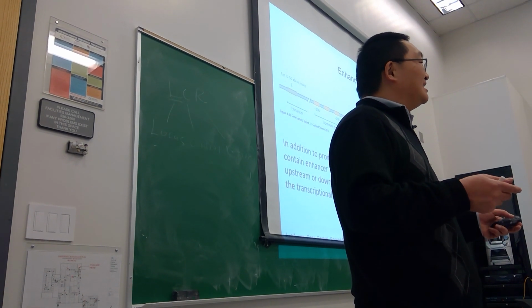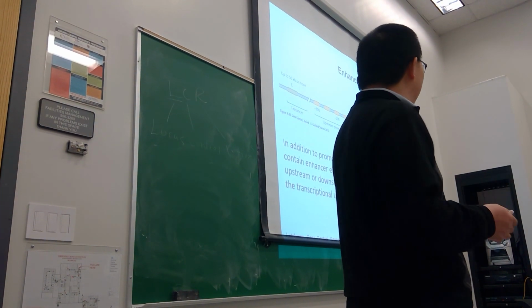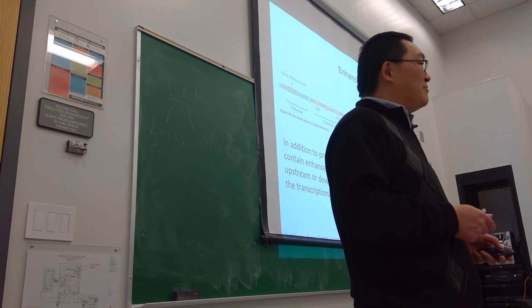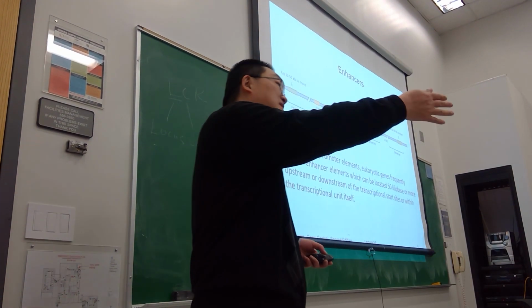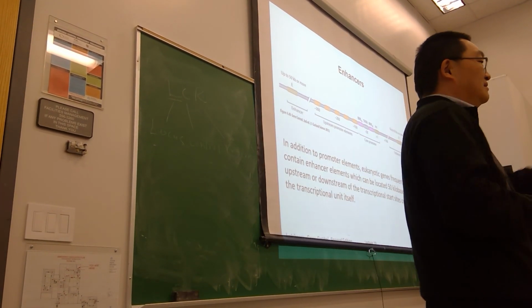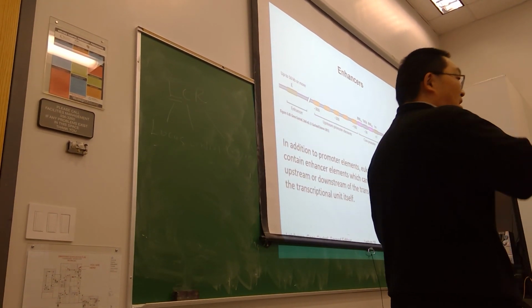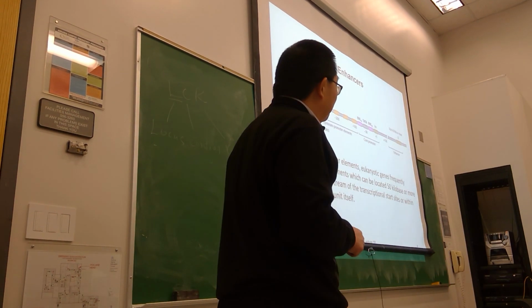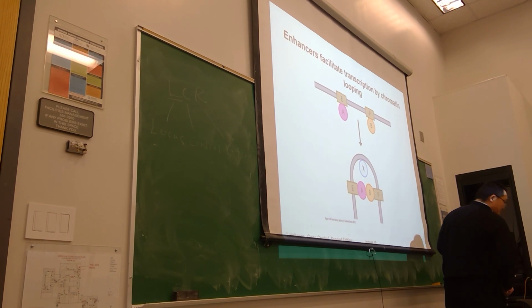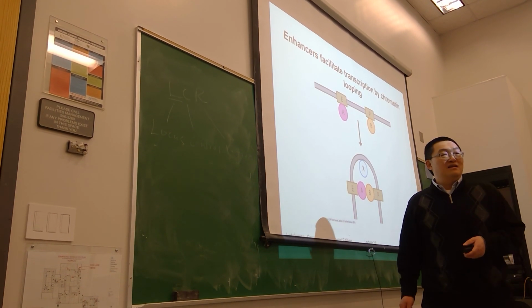Make sense? They work by 2 functions: either increase the RNA polymerase activity by increasing its stability, or change the nucleotide structure. So they bind to promoters to change the structure. That's the next slide, by looping.